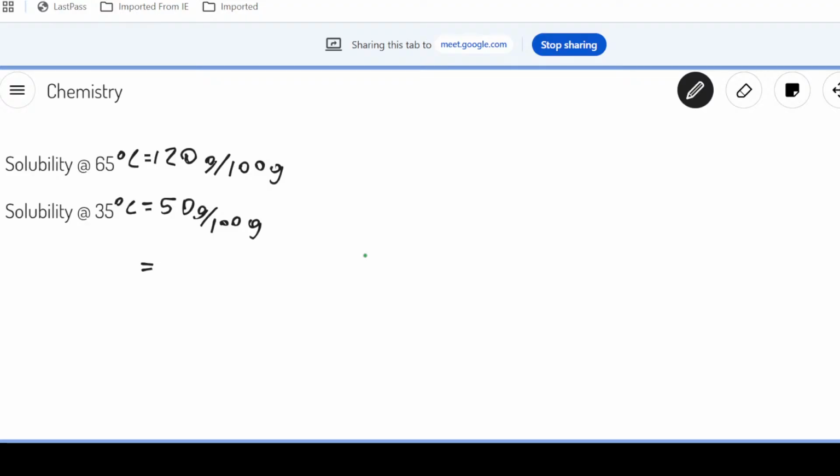Okay, so we can find the molar mass of potassium nitrate. Determine what the molar mass of potassium nitrate is. It's 101 grams per mole. And what would we do with that molar mass?